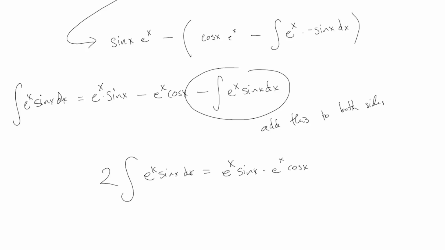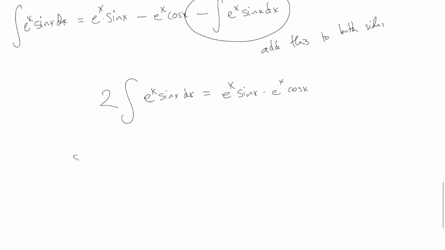All right, and how about divide by 2? So integral e to the x sine x dx is, divide by 2, I'll write as 1/2 times e to the x sine x minus e to the x cosine x.